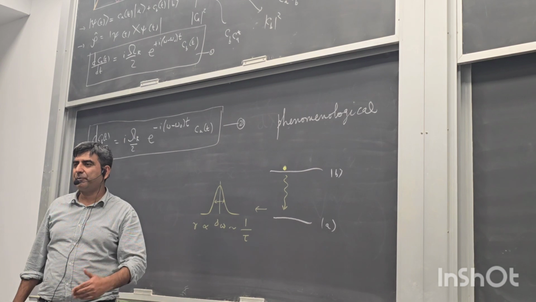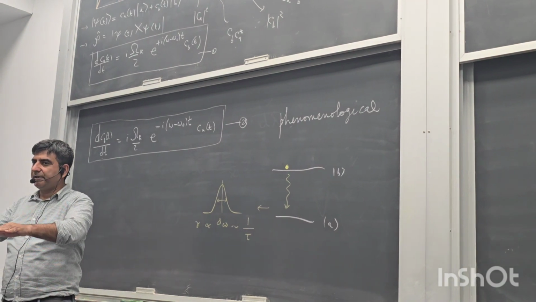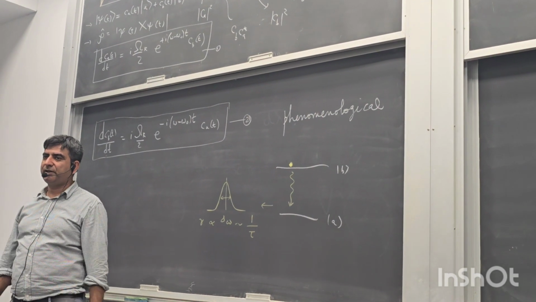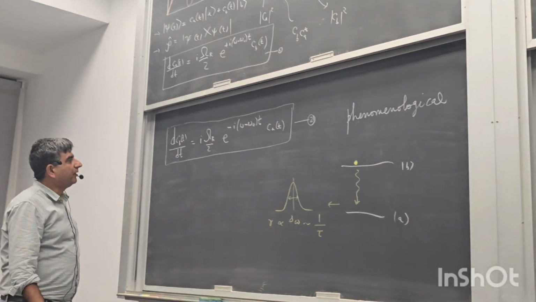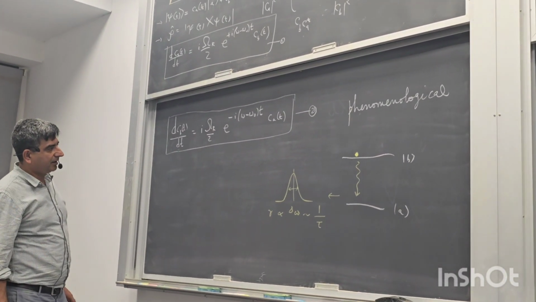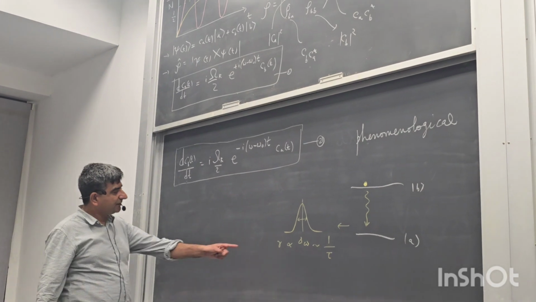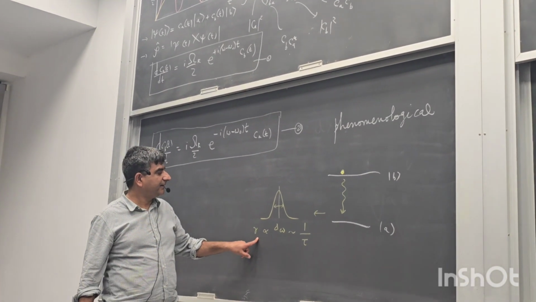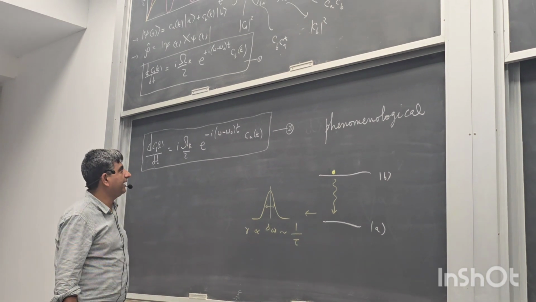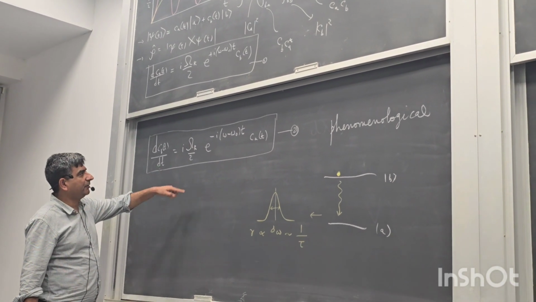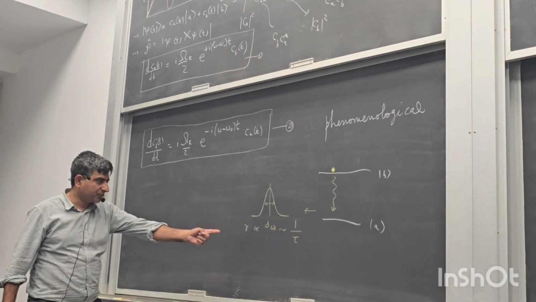This is the rate at which the level populations are depleted and they give out photons by spontaneous emission. Now, in order to model this, this is Lorentzian, which means that this decay rate is properly modeled if in this equation we include another term which corresponds to gamma.